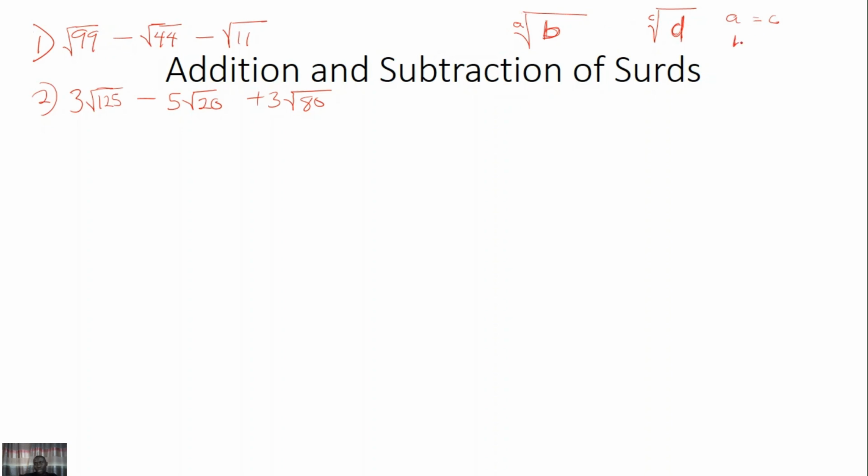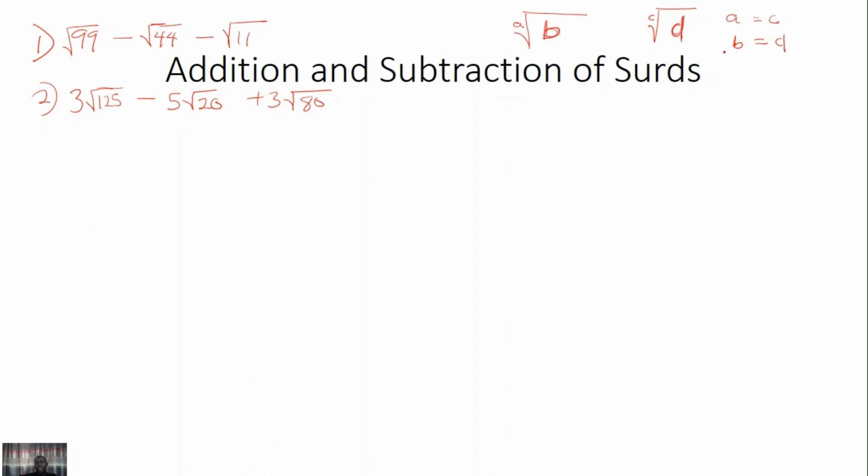and b must be equal to d, meaning that if this is the square root of b, these two must be a square root of b, because b and d must be equal.